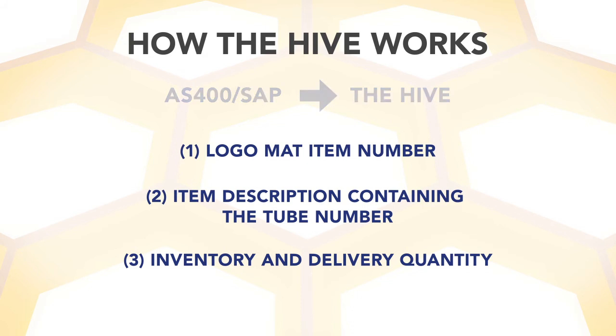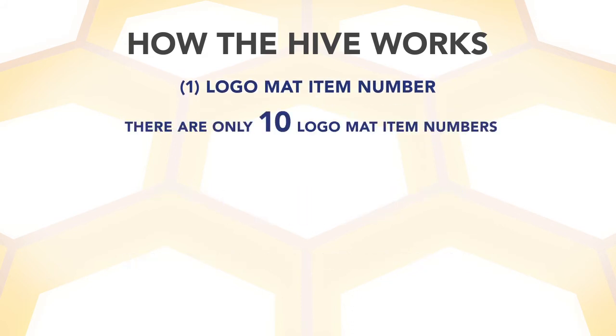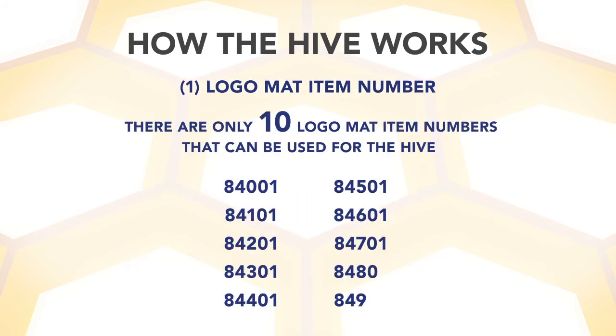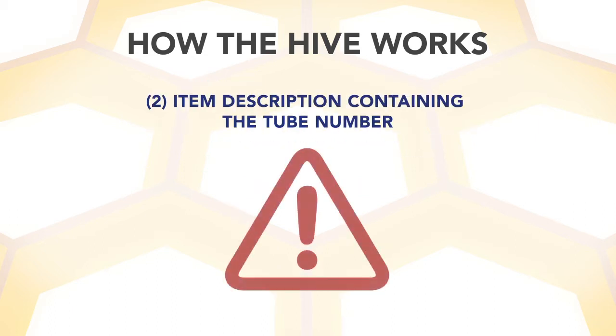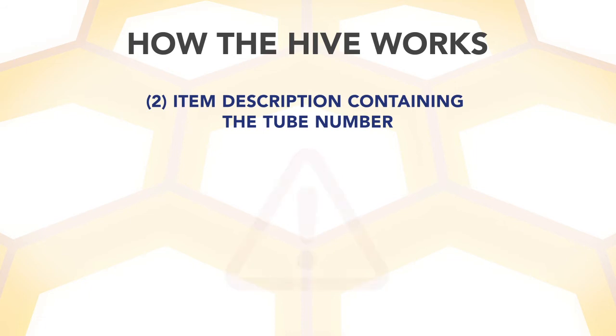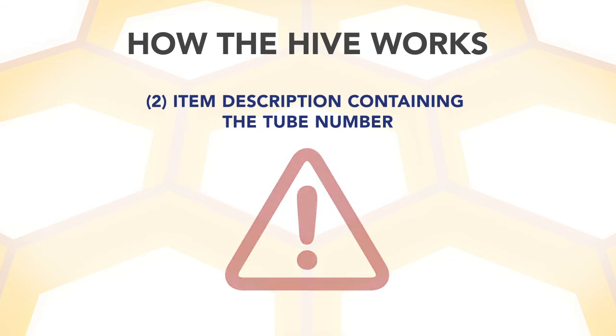For example, there are only 10 logo mat item numbers that can be used for the Hive. If an item number is used for a mat that belongs in the Hive that is outside of the approved 10 item numbers, then that mat won't be uploaded to a space in the Hive. The same error will occur if a tube number in the item description is keyed in AS400 incorrectly.